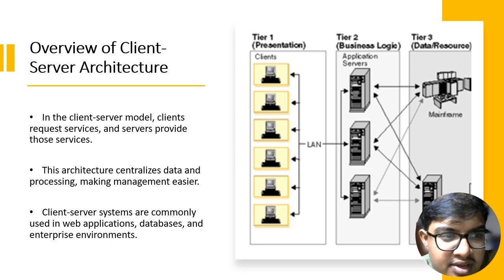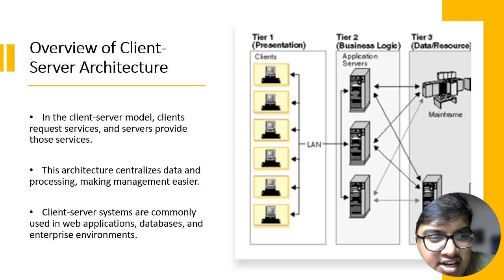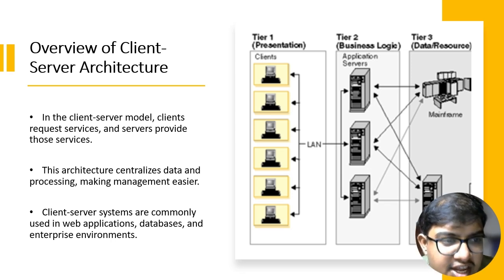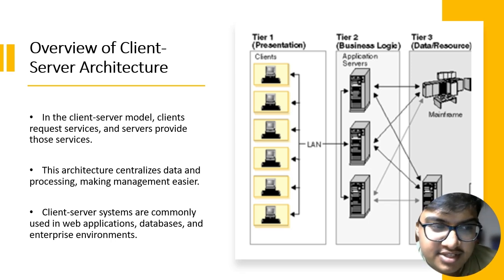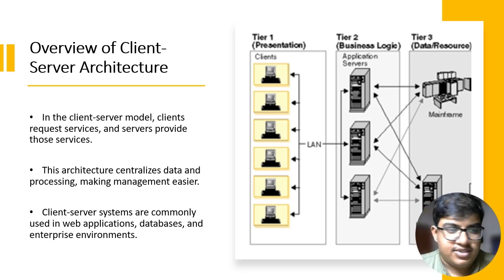As I said, the architecture centralizes data and processes, making processing and management easier, meaning that because of the centralization of the data, the processing and management of data becomes very easy. Client-server systems are commonly used in web applications, databases and enterprise environments. As I said, it is used for many services, that is web applications, and storage, which comes into your database.